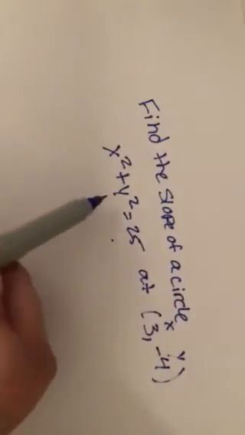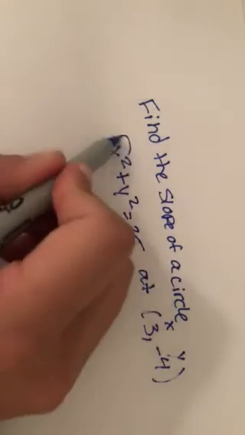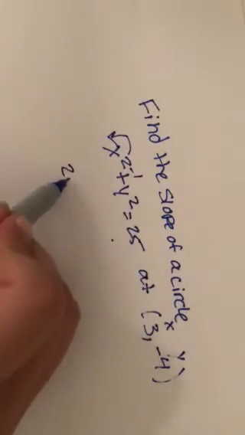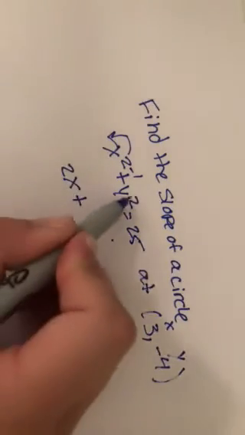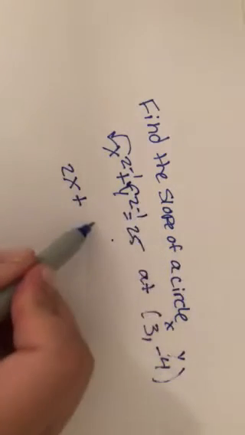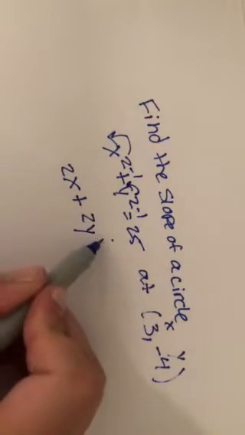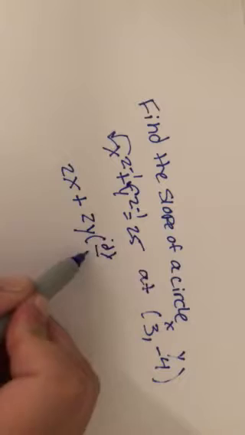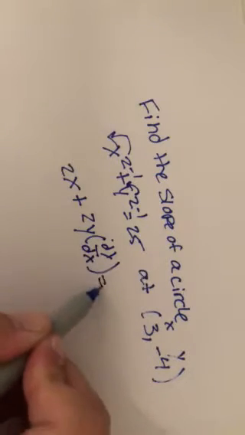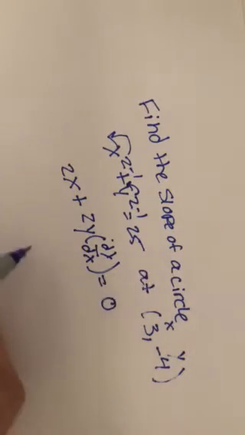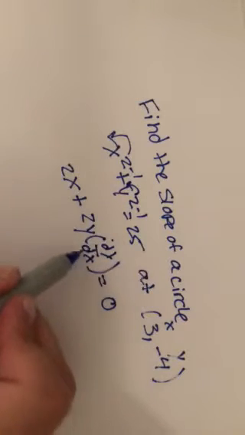So let's start by taking the derivative here. Do our power rule. We get 2x plus power rule again, 2y. Now we tack on our dy over dx. And then this is just 0. So we need to get the dy over dx alone.